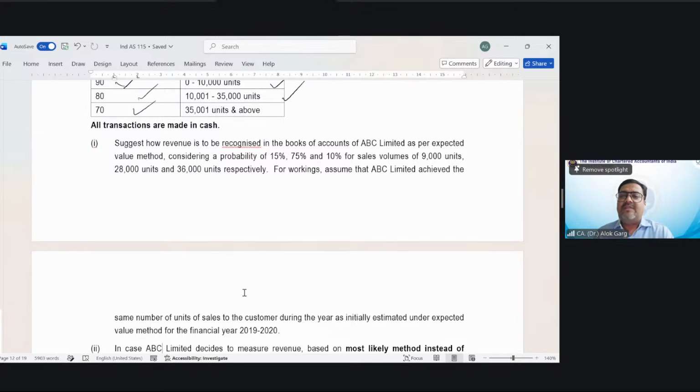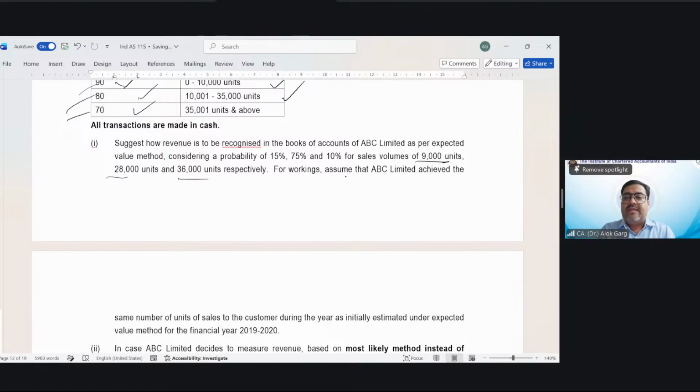And you can see for all these units, the slabs are different. For 9,000 the price is 90. For 28,000 it is 80. For 36,000 units the applicable price is 70. This is the slab which is given here.